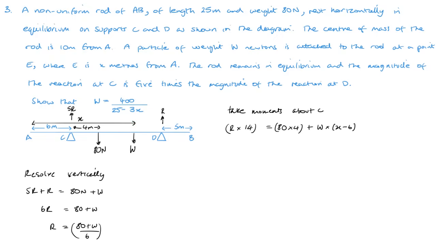So R is 80 plus W over 6 times by 14 minus, now 80 times 4 is 320, equals W times by X minus 6. So we've got two W's on here.